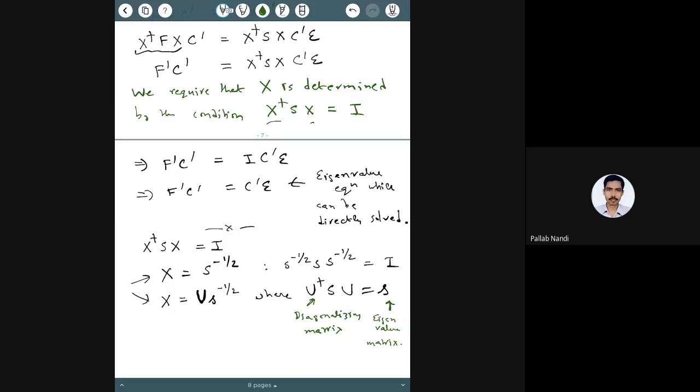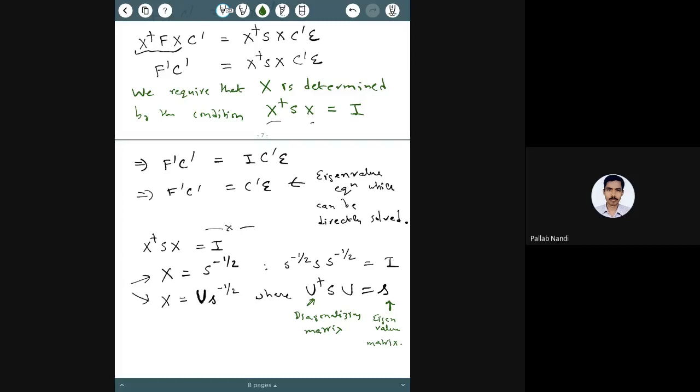Here, we are trying to get it in some form where you can directly diagonalize. But for Hartree, you will need an iterative procedure because the Fock matrix contains the coefficients or the density matrix. But if you left it at Fc equal to SCE, you can't even do one step.